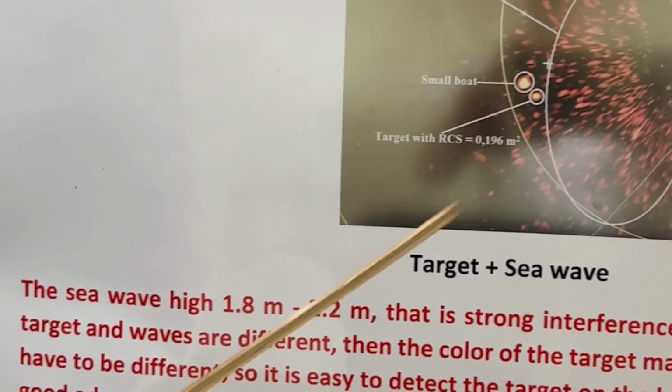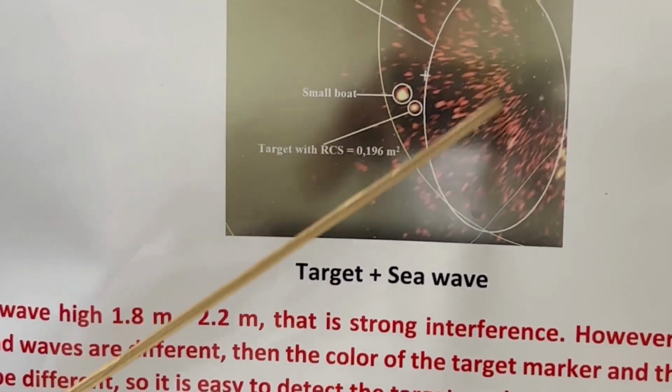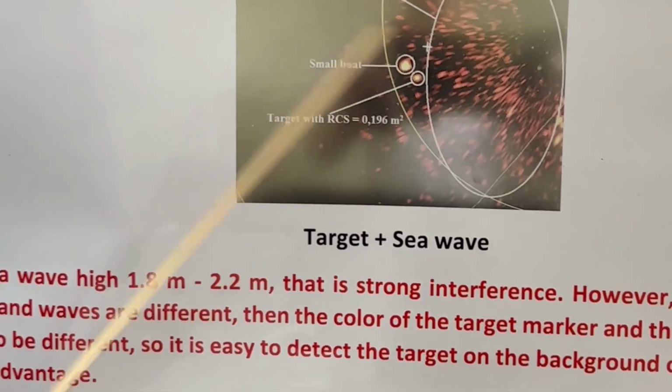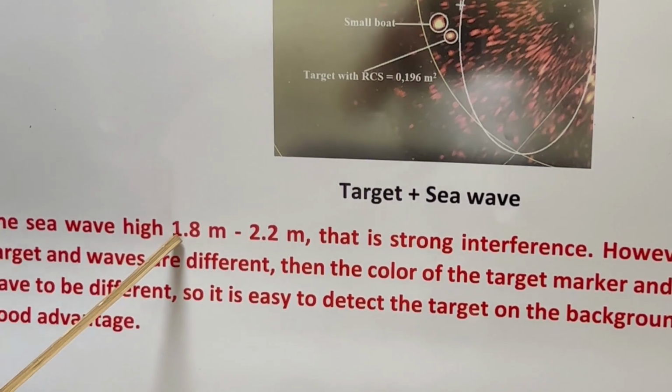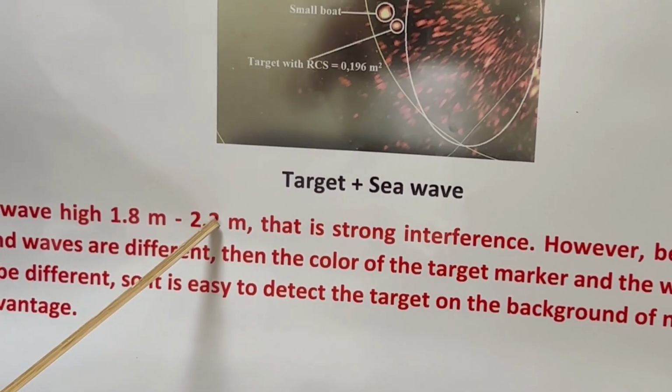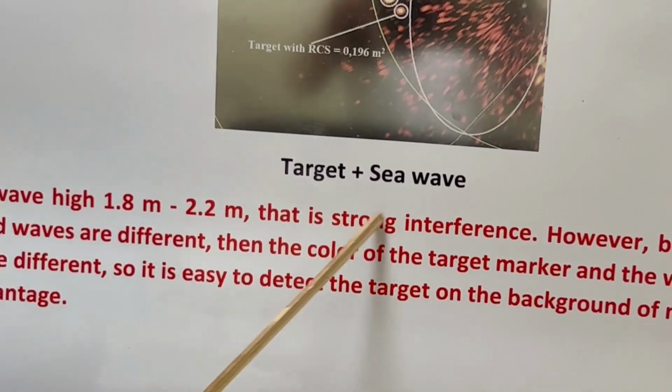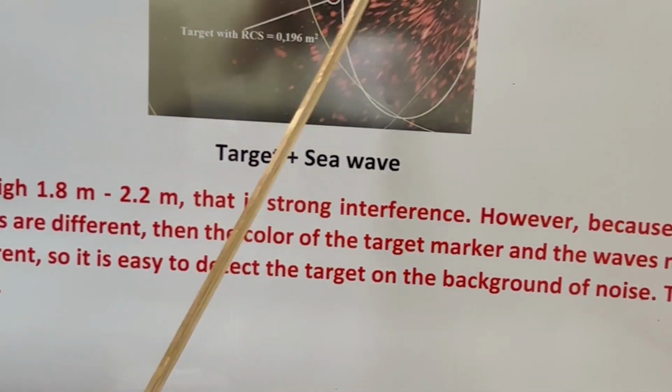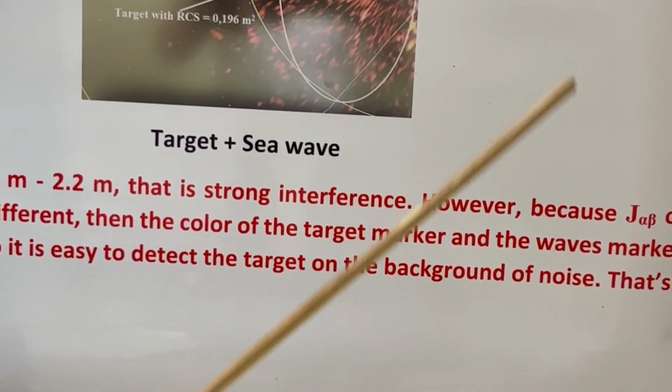As you see here, sea wave interference is very strong because the waves are high, up to 1.8 meters to 2.2 meters.